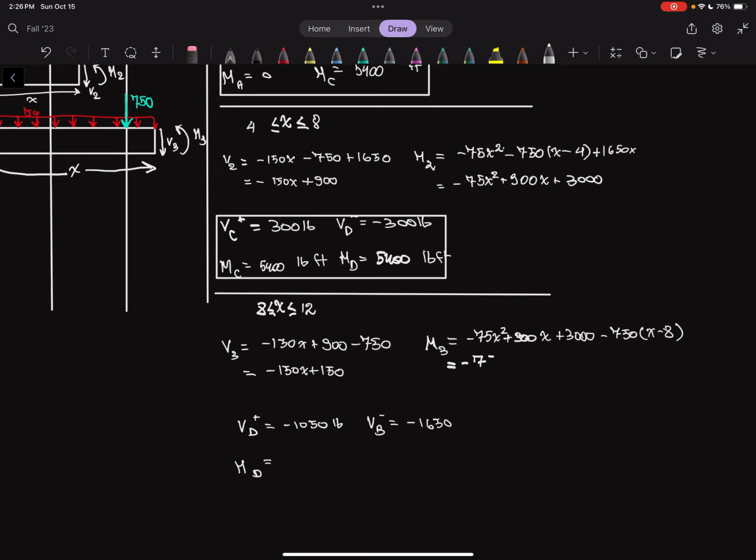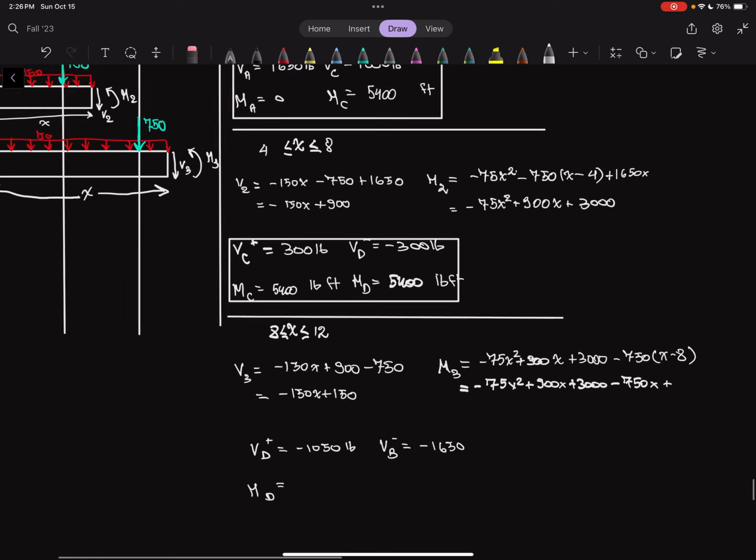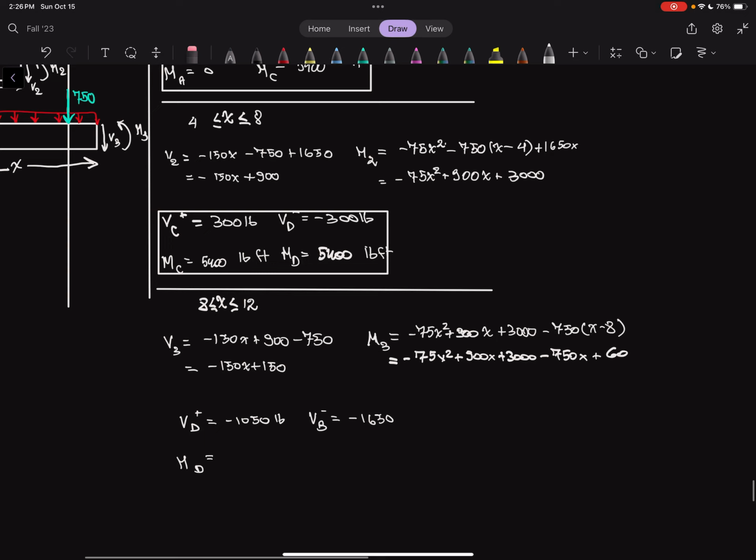And now we can keep going here. Minus 750x plus 750 times 8 is 6,000.